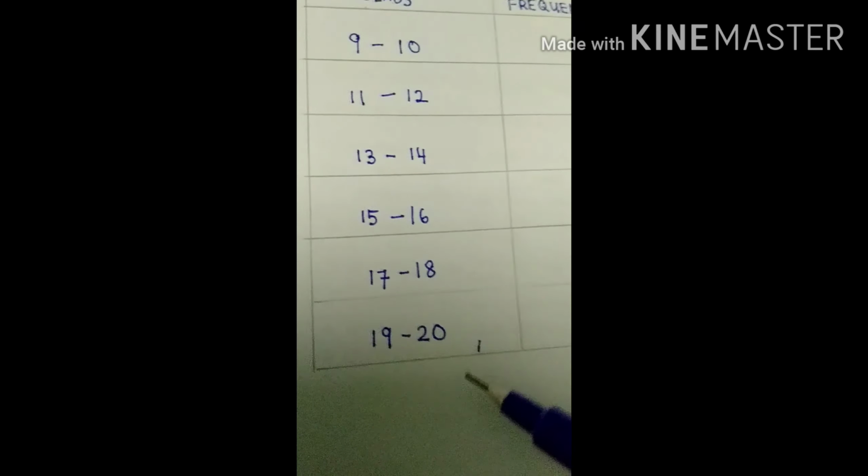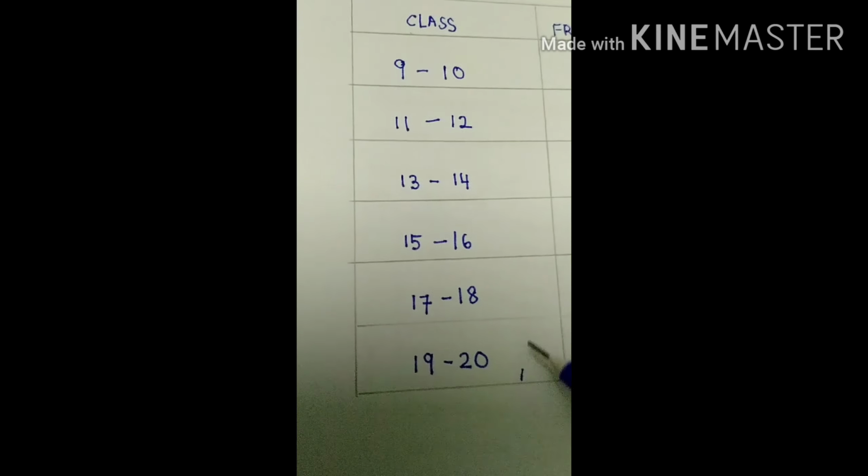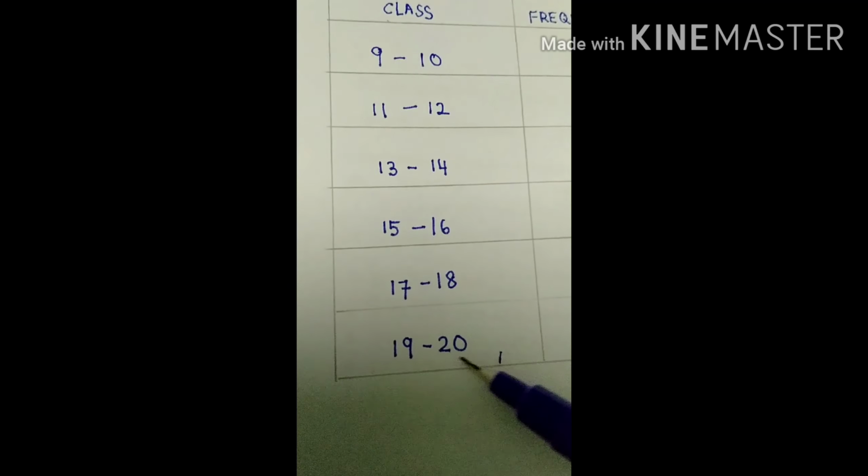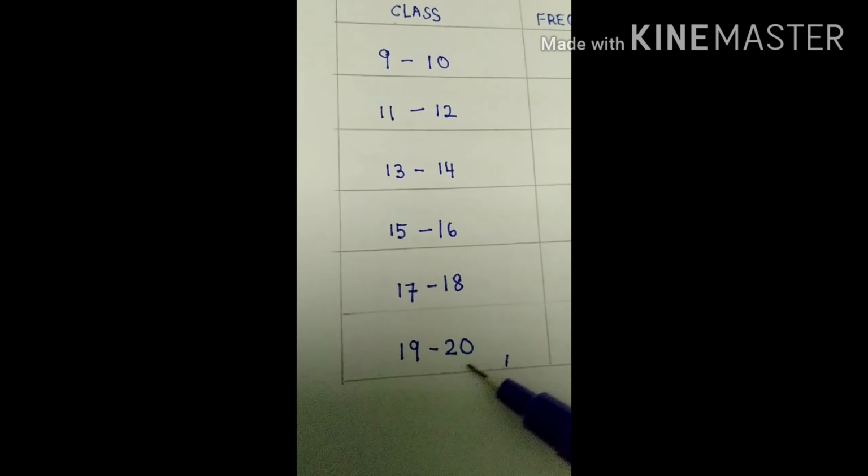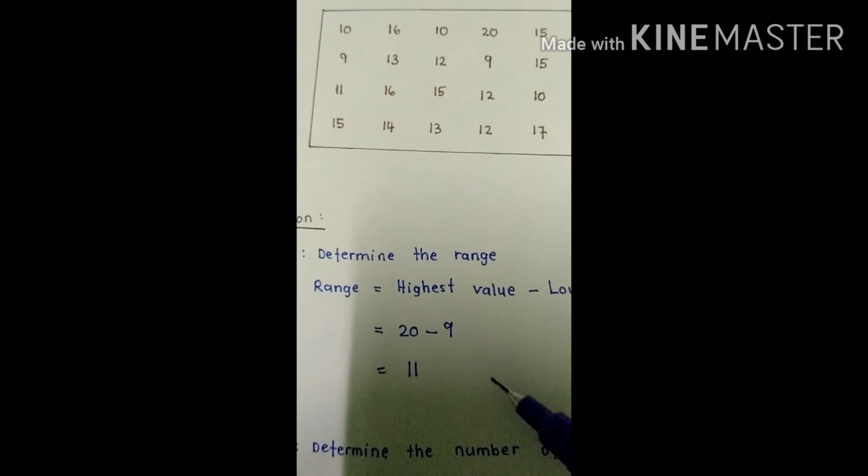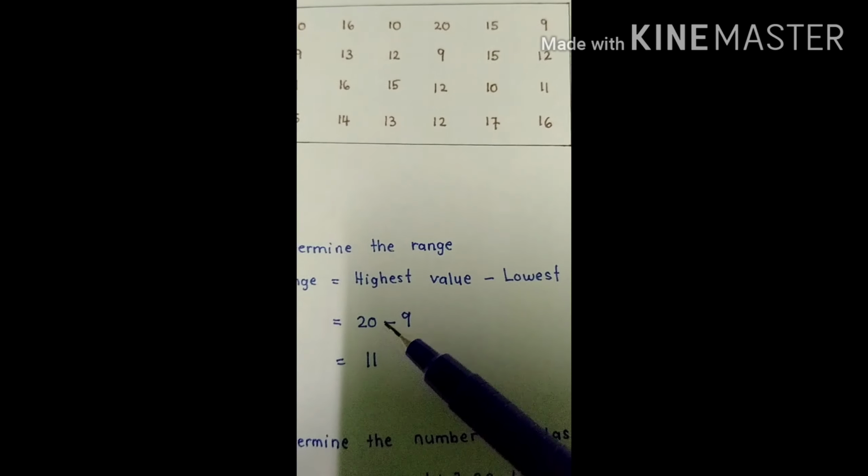But the upper value of the last class, 20, is not necessarily equal to the highest value of the data.